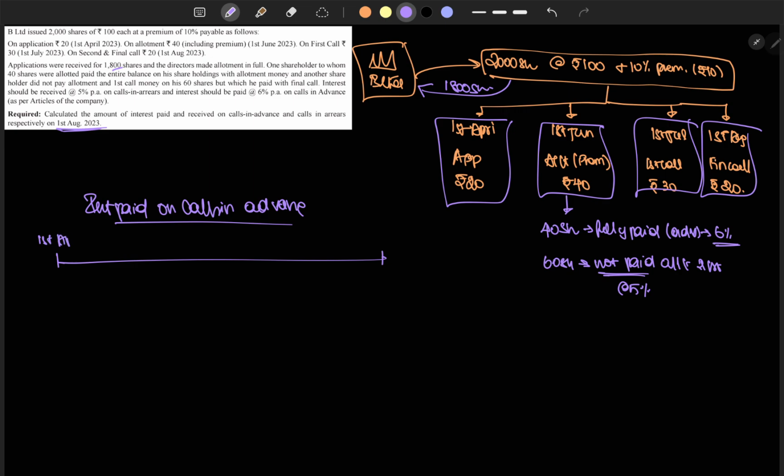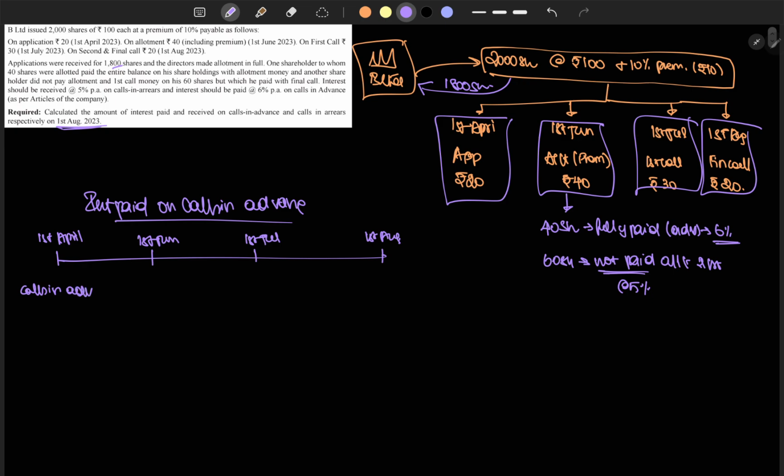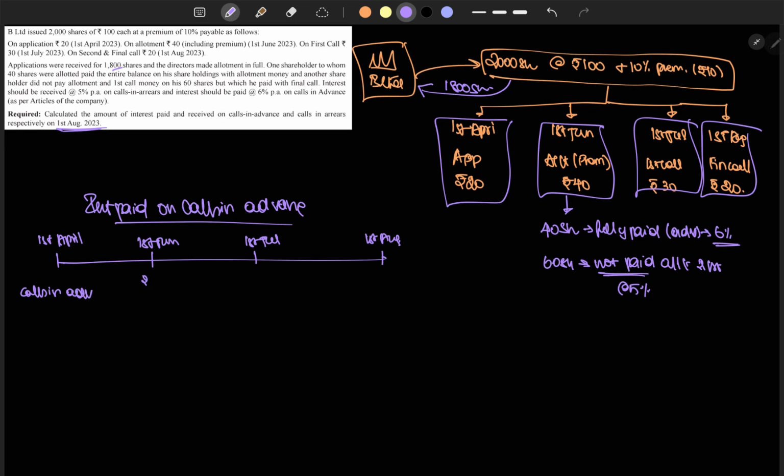1st April is application, 1st June, 1st July, 1st August. Calls in advance: actually, he has to pay only rupees 40 on 1st June, but with that money he also paid the entire share value during the allotment time itself.